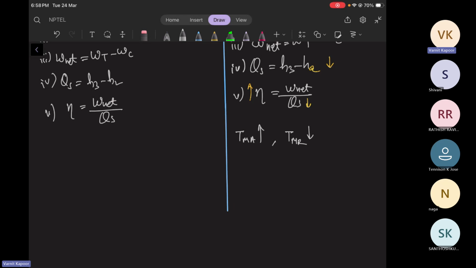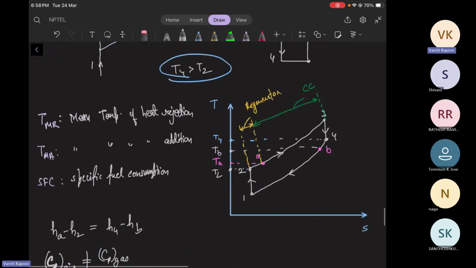The other thing is heat rejection is also decreased, because earlier you were rejecting heat from 4 to 1. So you needed extra coolant to exchange the heat.